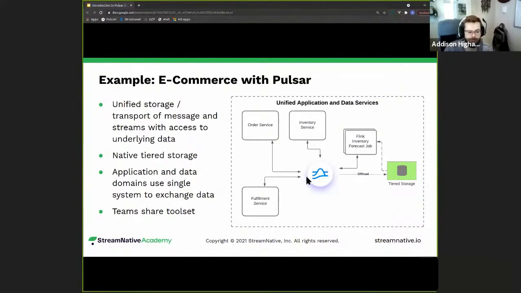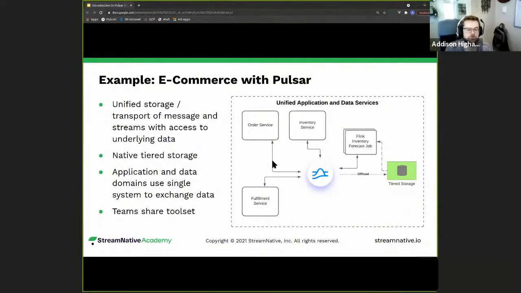So here, Pulsar's messaging capabilities are being used directly to connect applications, but those same messages, same data, same infrastructure can be used for both batch and stream computing jobs directly through its streaming capabilities. The native tiered storage also allows us to offload data and have it read directly by stream processors, batch systems, et cetera.